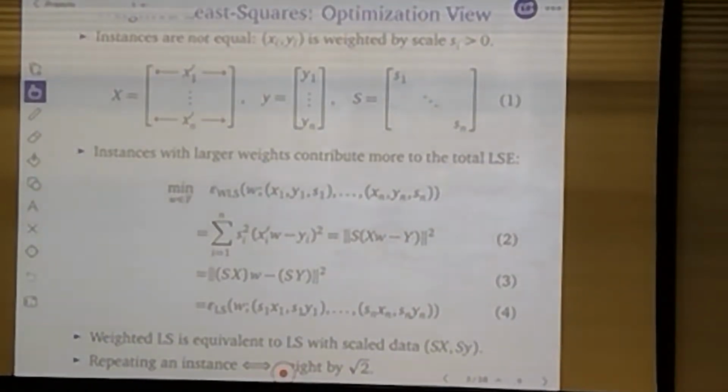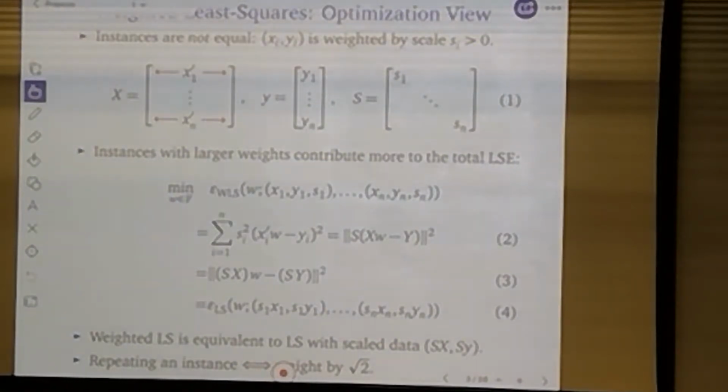Weighted least square is naturally introduced through an optimization point of view, where not every instance is created equal. Each instance has domain variable x, target value y, but also has a weight. And we introduce the scale.